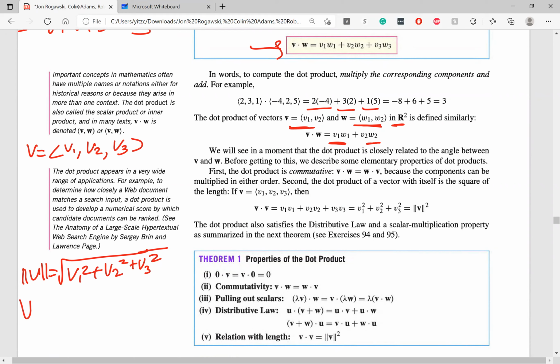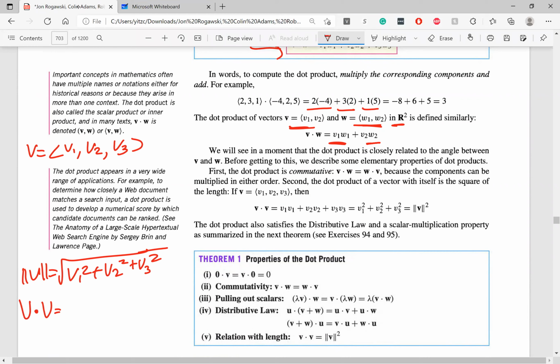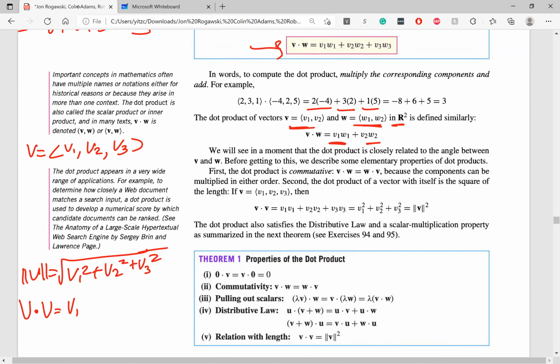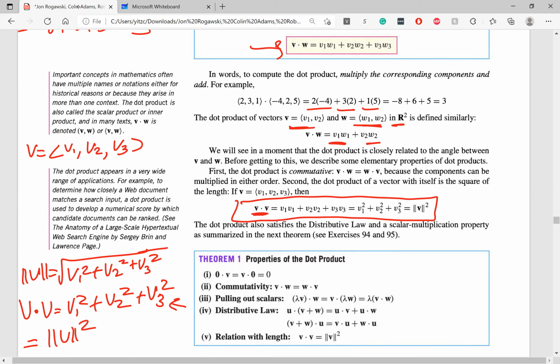Now, if you dotted this vector, V dotted V, you would get V1 times V1, which is V1 squared, plus V2 times V2, which is V2 squared, plus V3 squared. And you don't have a square root here. So that's the same as the magnitude of V squared. Dotting V with V is the same as its magnitude squared. So that helps you remember.